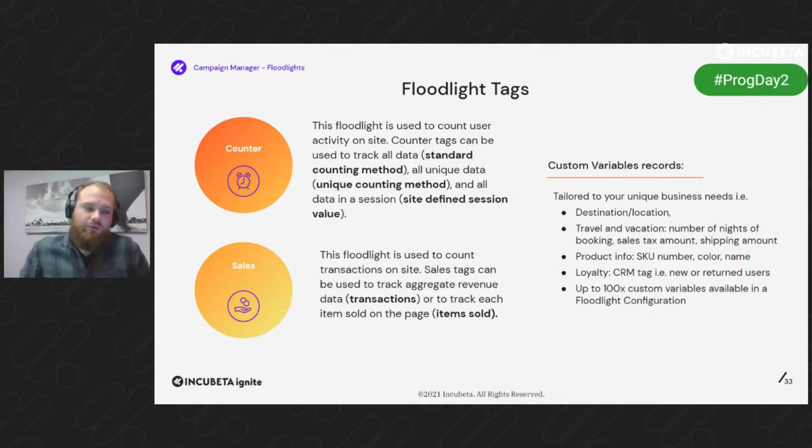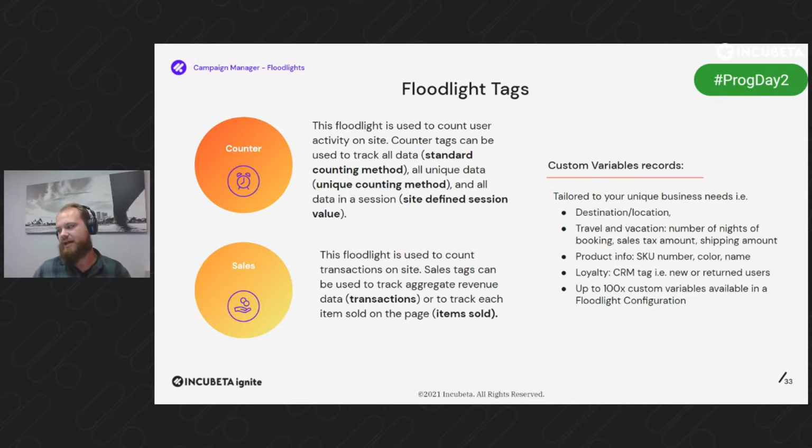So again, a really useful tool to enhance the capability of your floodlights, to not only take data about session activity, but to really take more contextual information like the user's location, or the referral page that the user came from, or the referral medium that the user arrived on site with.